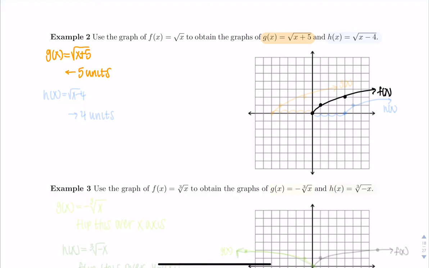So we're just going to shift all of our points 5 units to the left. 1, 2, 3, 4, 5. My new origin is at negative 5, 0. I'll have a point at negative 4, 1, and a point at negative 1, 2. And so that's g of x.